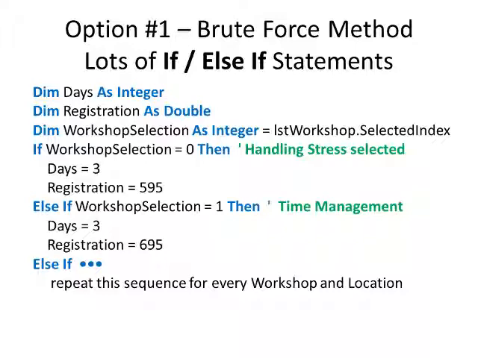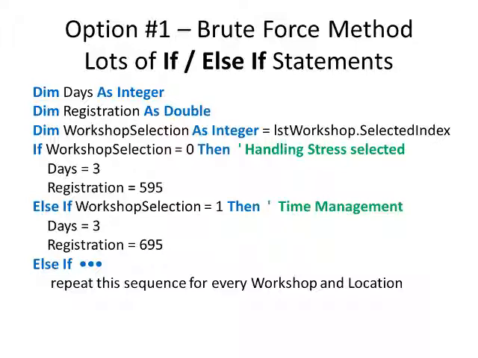Here's just a little piece of the program. For example, the number of days I have as an integer and registration as a double, and my workshop selection is an integer, and I get that from the list box to find out which item was selected in the list box. So if the workshop selection is a 0, that means the first selection.